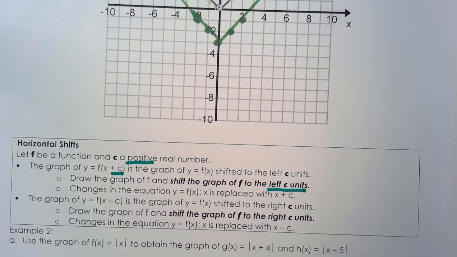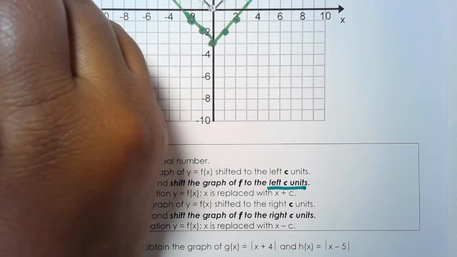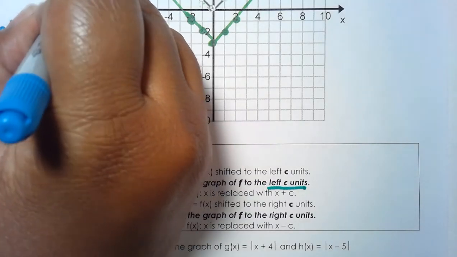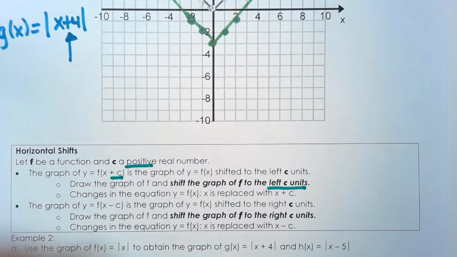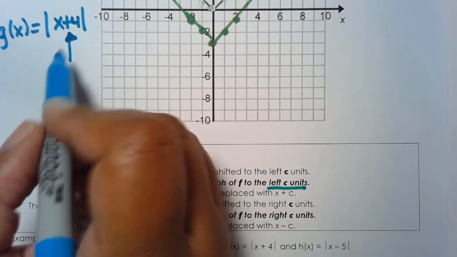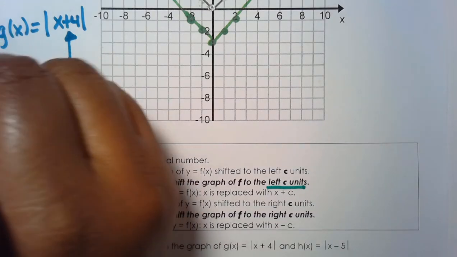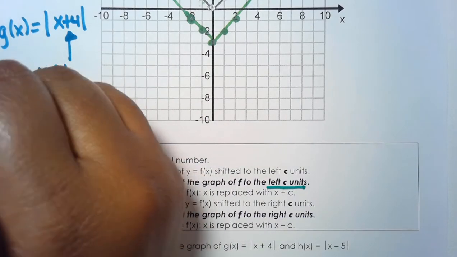So we have the g of x equals the absolute value of x plus 4. When the number is inside the grouping symbol, you move in the opposite direction. So for this example, we're going to move left 4 units.